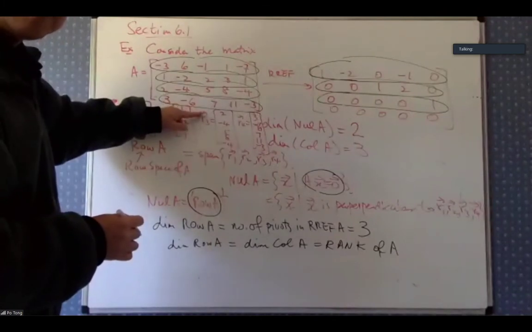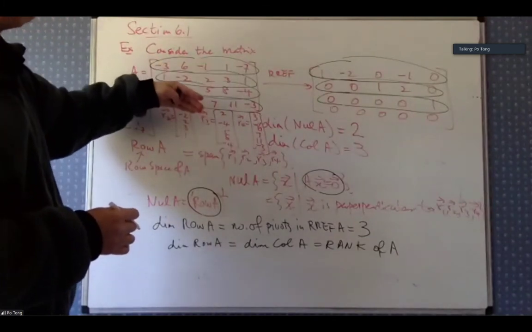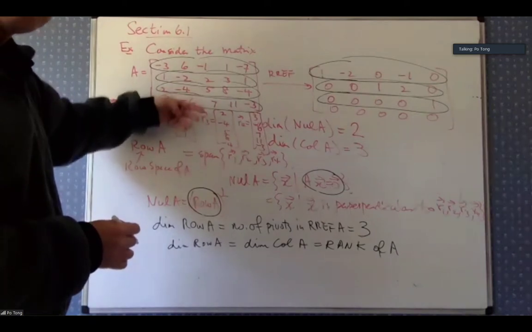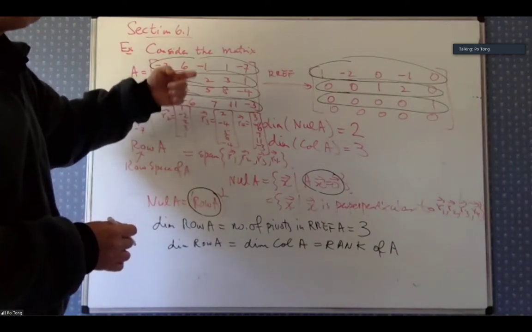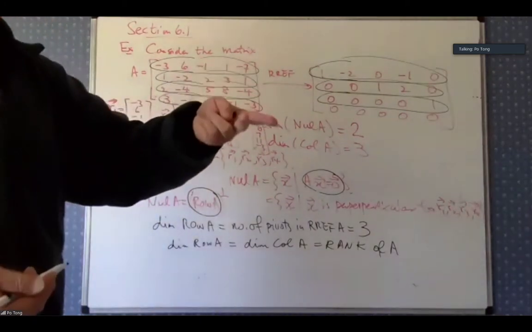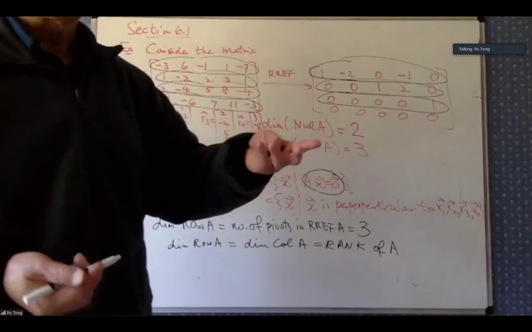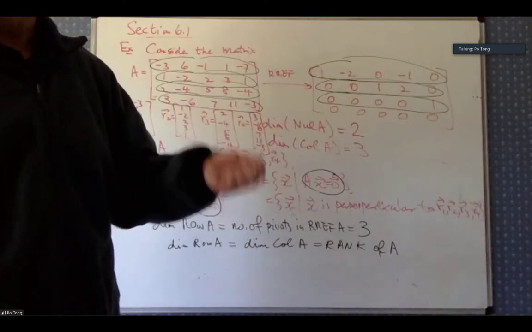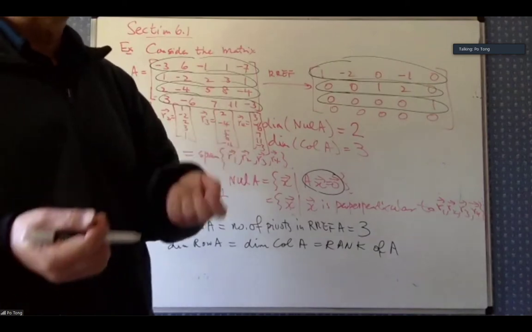But as you do row operations, you are not really changing the span. When you swap 2 rows, it's not going to change its span. When you scale a row, it's not going to change its span.